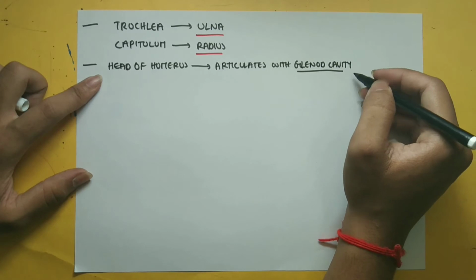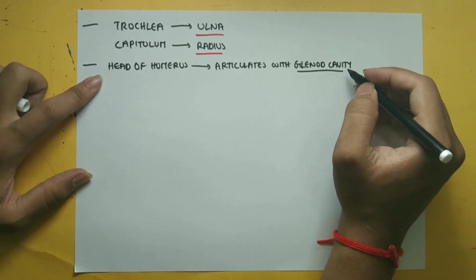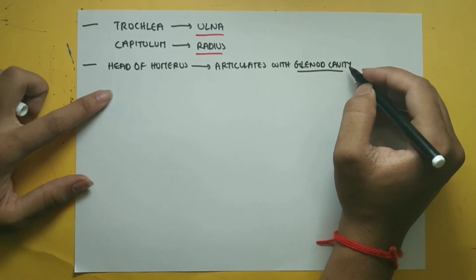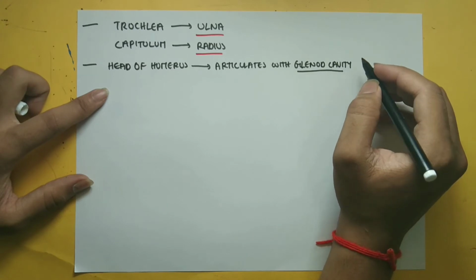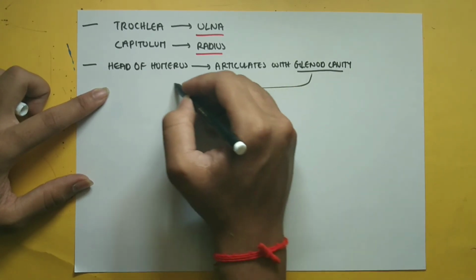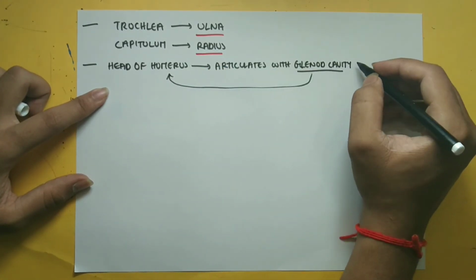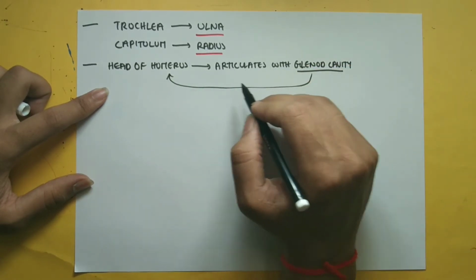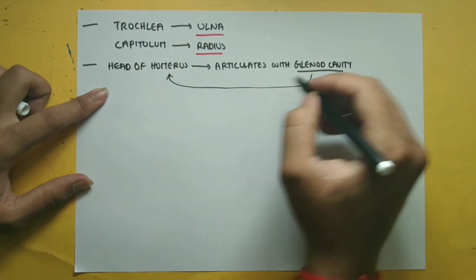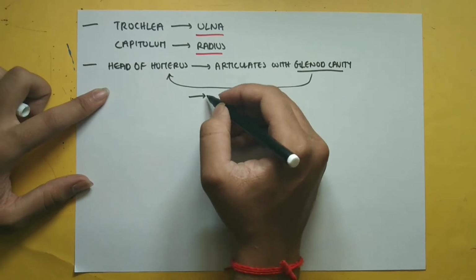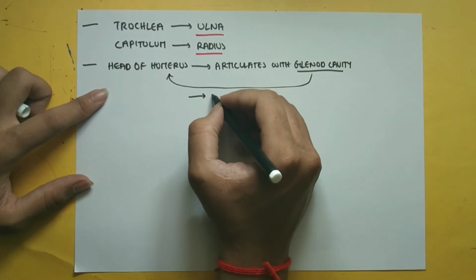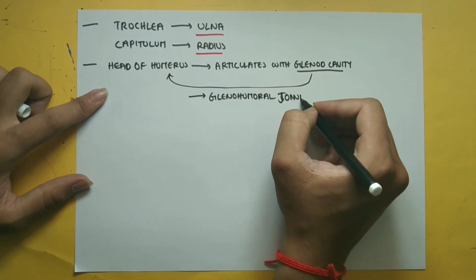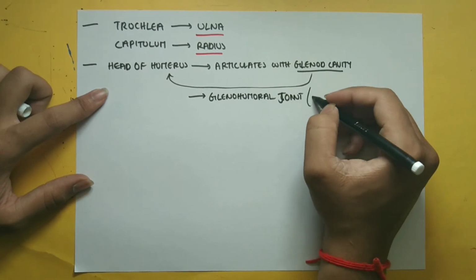As we learned in the scapula, the glenoid cavity is the shallow cavity present on the scapula for the attachment of the head of humerus. The head of humerus articulates with the glenoid cavity to form the glenohumeral joint, or basically the shoulder joint.